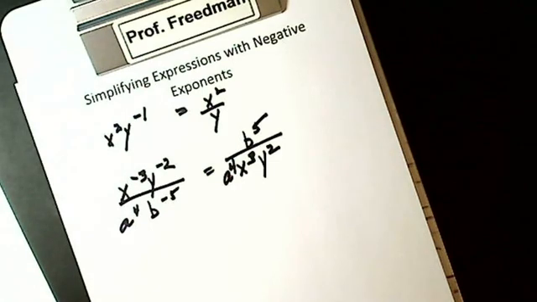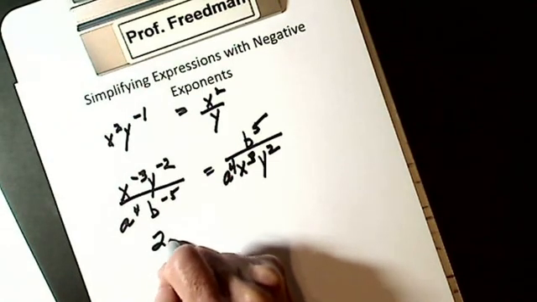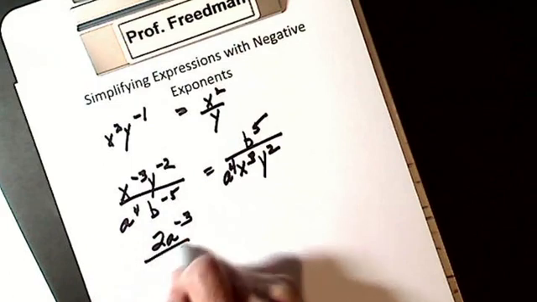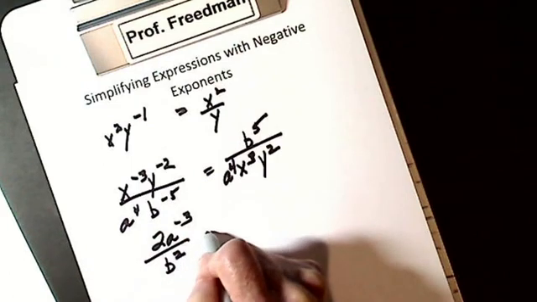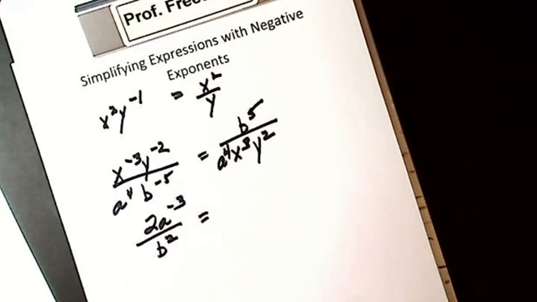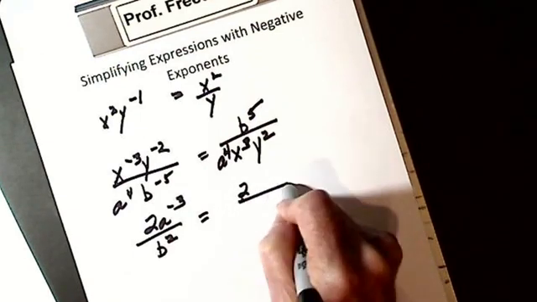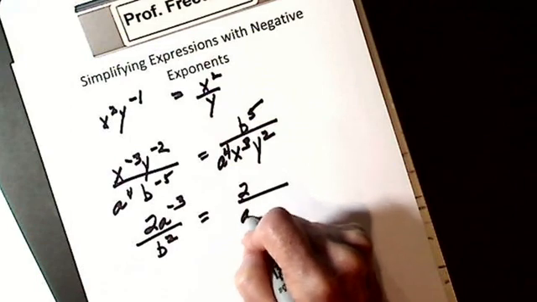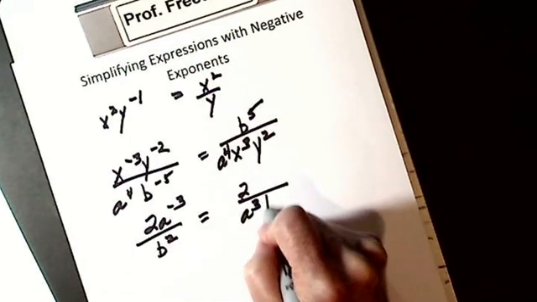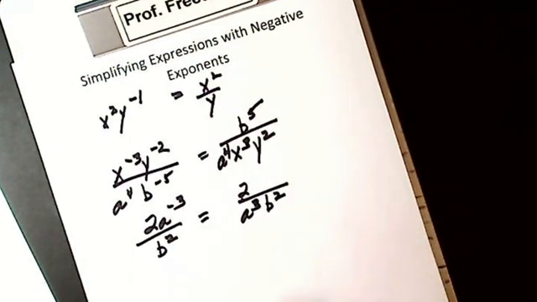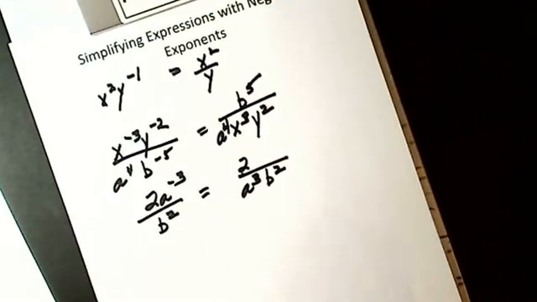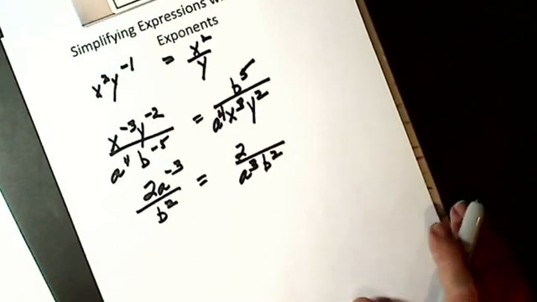Alright, we'll do another one. Let's say I have 2a to the minus 3 over b squared. And I want to write it with all positive exponents. My 2 stays. A cubed becomes a denominator. And my b squared stays a denominator because it was positive. So the only ones that change are the negatives. Let's do one more.